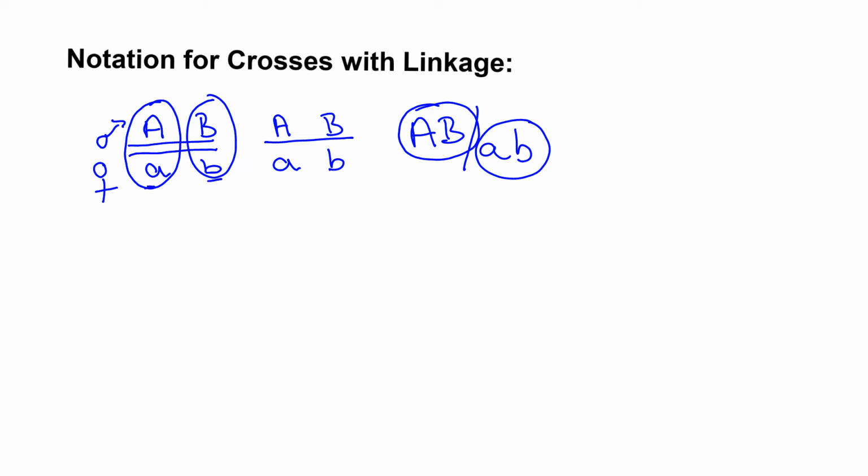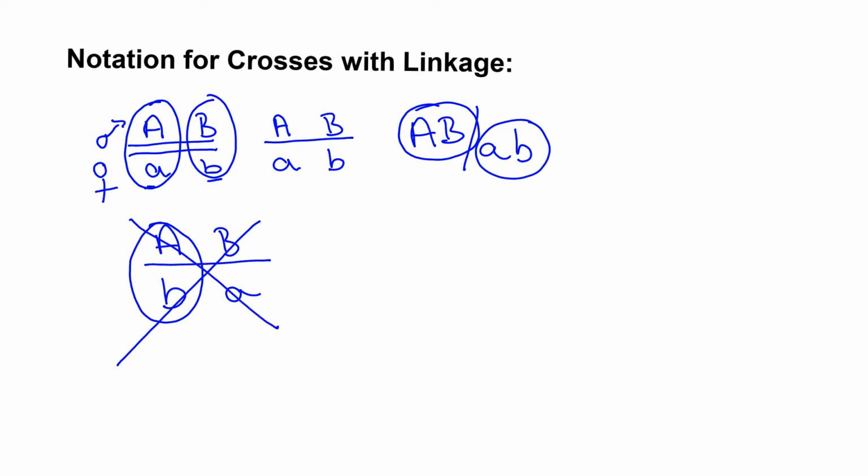Let's say if you have these two linked genes A and B and you annotate it this way, what would this mean? It would mean that the dominant allele A and recessive allele B share the same locus, which is not true. So be careful how you notate your linked genes.